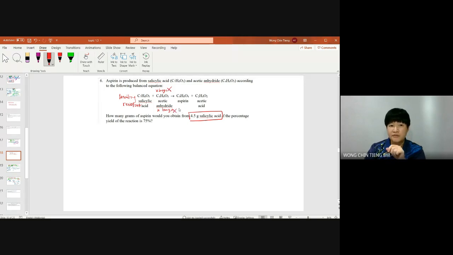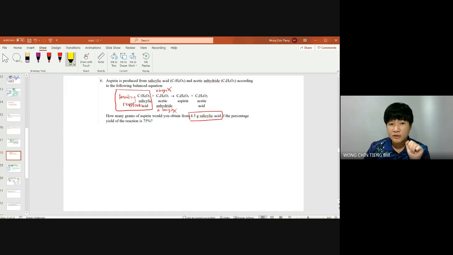Straight away, we will assume the one that is given is limiting. Kita akan buat assumption tu. Dengan syarat dia tak tanya. I have two condition over here. Bukan setakat tak bagi ya. Not given and not being asked. Then only we will assume kawan dia jadi limiting. Okay? So be careful with that.